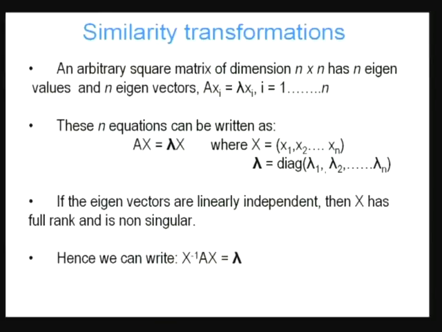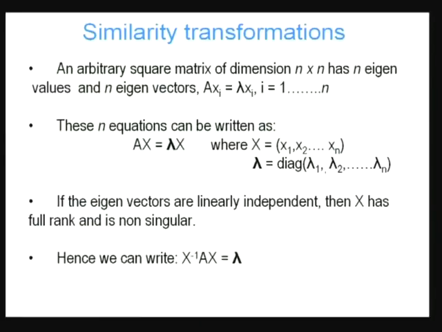Each eigenvector occupies a column of the capital matrix X. So x1, x2 through xn are individual eigenvectors, and I have combined them together to form the matrix big X, and lambda is another matrix which is a diagonal matrix, and the diagonal elements of lambda are the individual eigenvalues lambda 1, lambda 2 through lambda n, corresponding to the eigenvectors x1, x2 through xn.